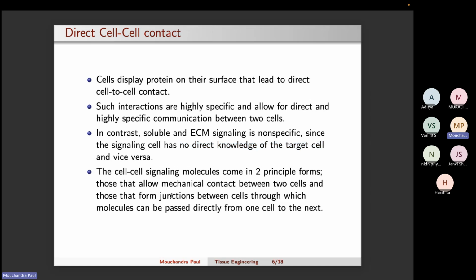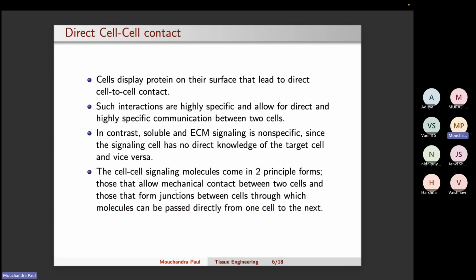So the direct cell-cell signaling can happen in two ways. One way is that there is a mechanical contact between two cells, and another way is that there is a junction present between two cells through which the molecules can directly pass from one cell to the other.